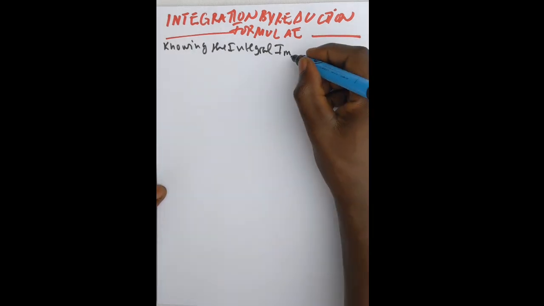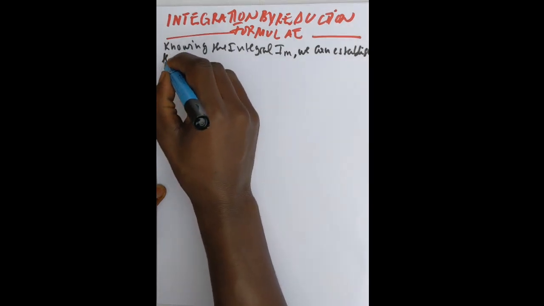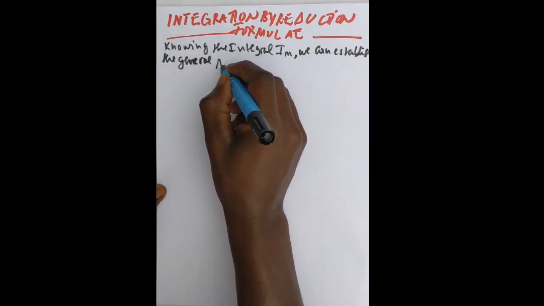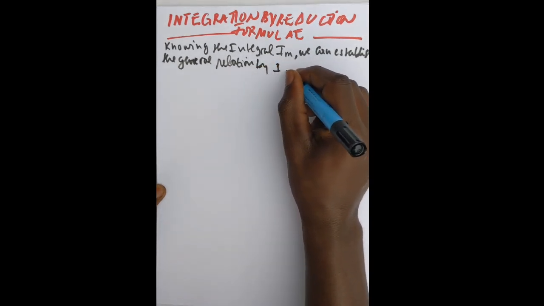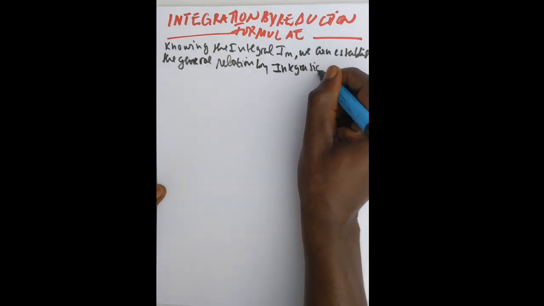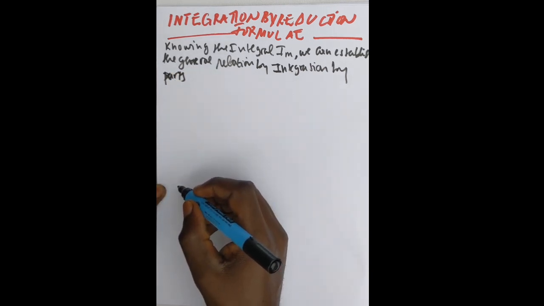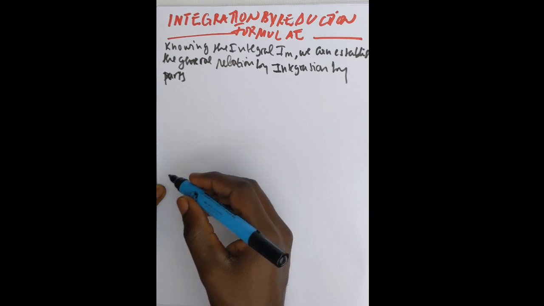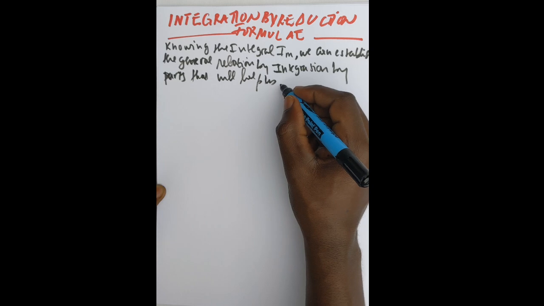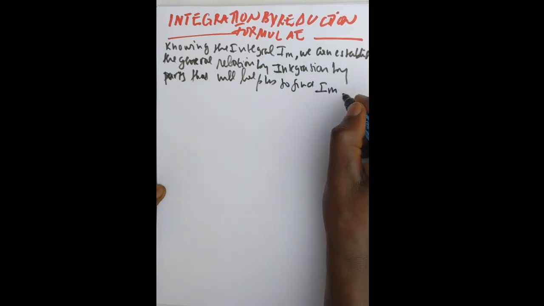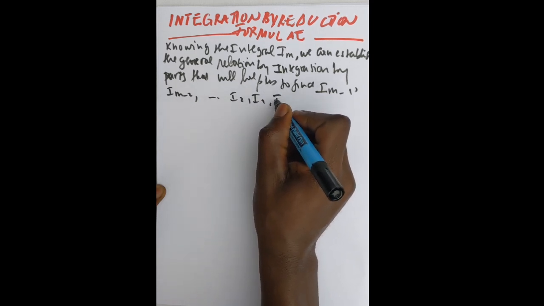We can establish the general relation by integration by parts that will help us to find Im-1, Im-2, till I2, I1 and I0.